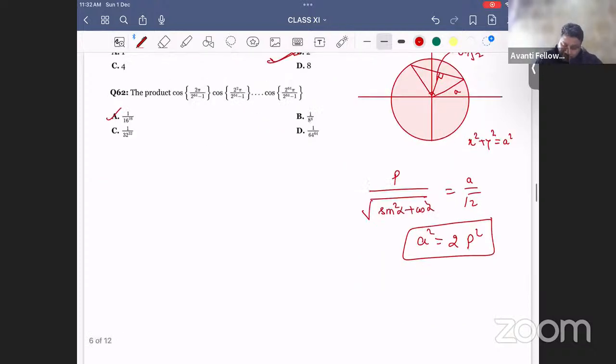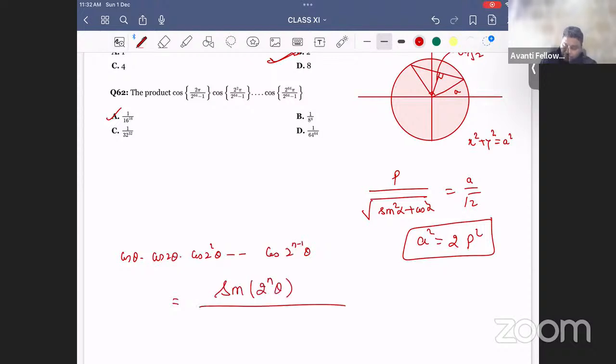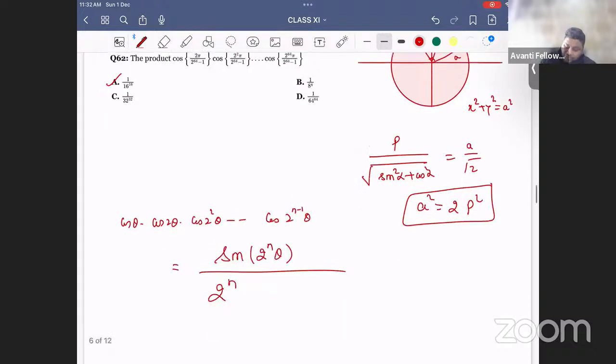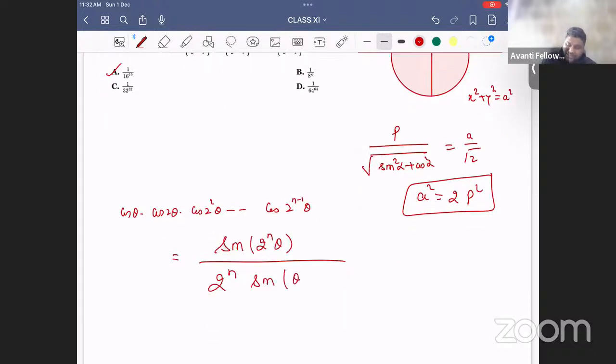Now, the product of the series cos 2 pi upon 2 to the power 64 minus 1, cos 2 square pi upon 2 to the power 64 minus 1, cos 2 cube pi upon 2 to the power 64 minus 1, and so on. There is a direct formula for this. The formula is cos theta, cos 2 theta, cos 2 square theta, up to cos 2 to the power n minus 1 theta equals sine of double the largest angle upon 2 to the power number of cosines used in the entire series into sine of the smallest angle theta.